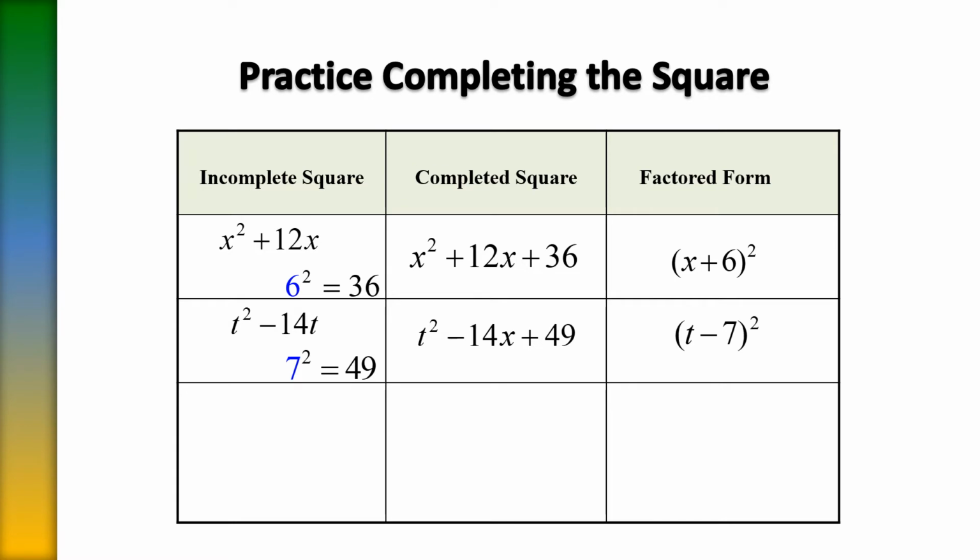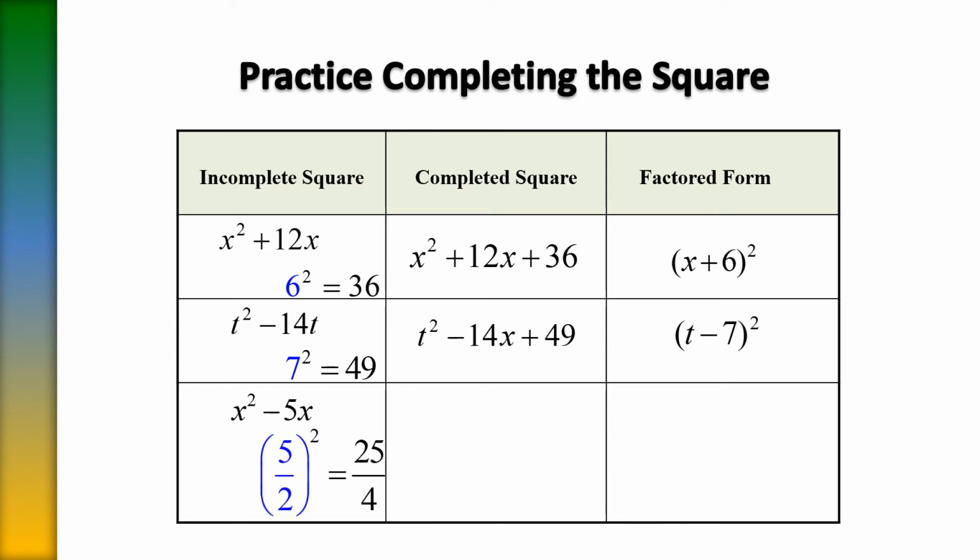Let's do one more that may not divide evenly. So we look at our middle term and we say half of 5. 5 is a number that is not going to divide evenly and give you a whole number. So what you do is just put a 2 under it because you're still halving it.